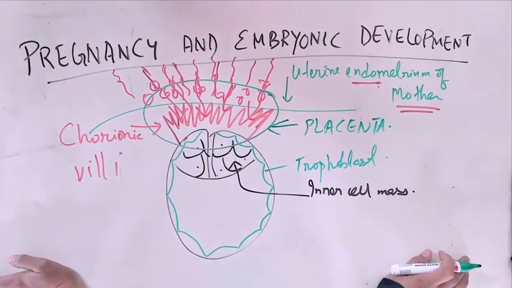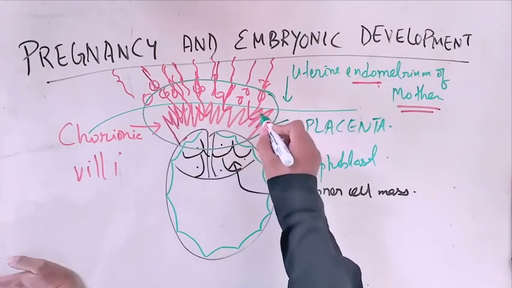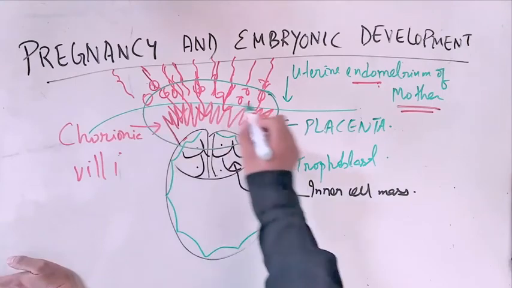So what is the placenta? It is the combination of two things. The trophoblast layer will form finger-like projections known as chorionic villi, and the structure will become bigger and bigger and embed inside the uterine lining.